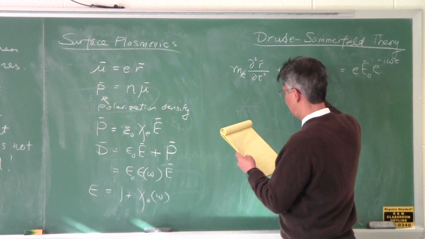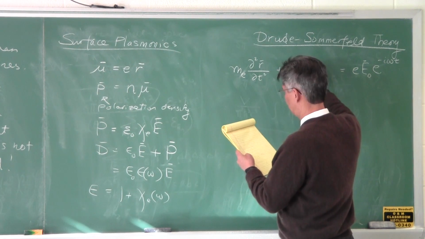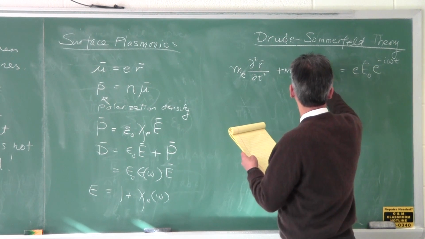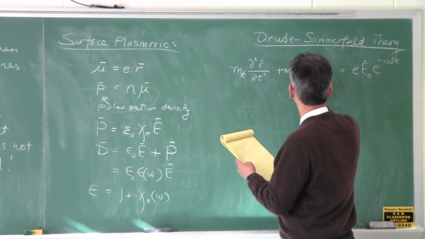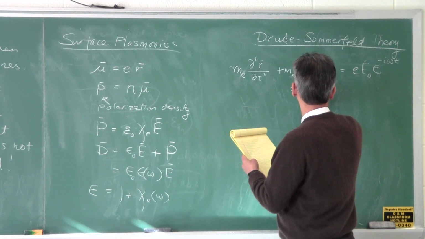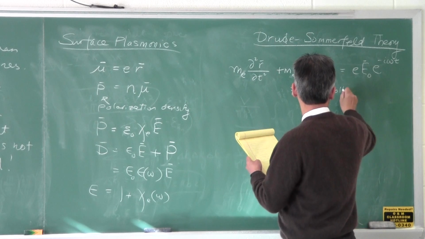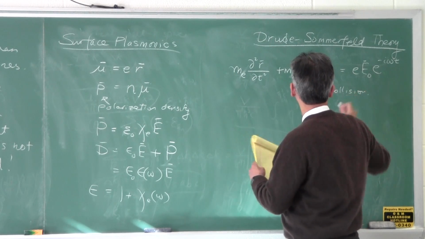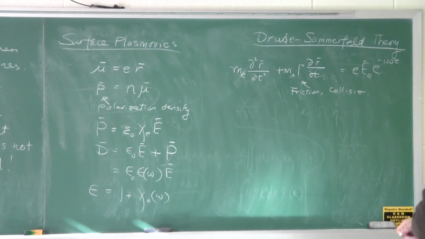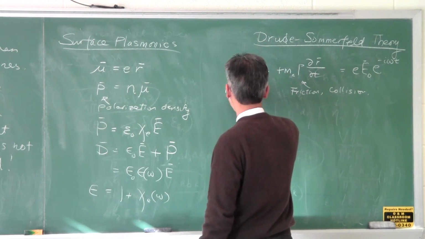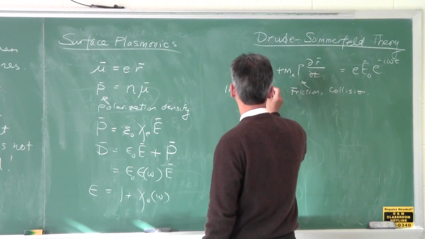But then there's often also the loss term. Okay, this is friction, collision. Okay. That second term is due to collision, and this term is just due to inertia. Newton's law.